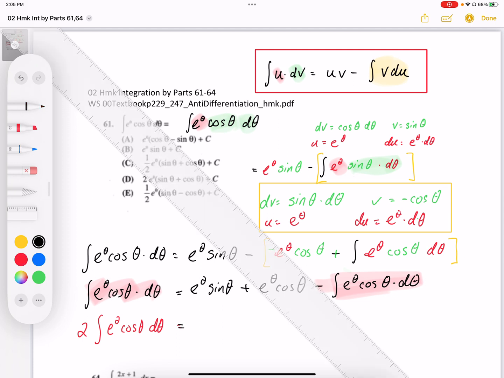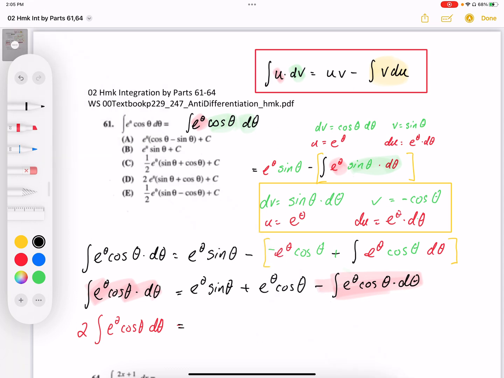And now, since what I really wanted to find was the value of the integral of e^θ cos θ dθ, I just need to figure out what's on the right hand side and divide by 2 to get rid of the times 2. So e^θ sine θ plus e^θ cosine θ.